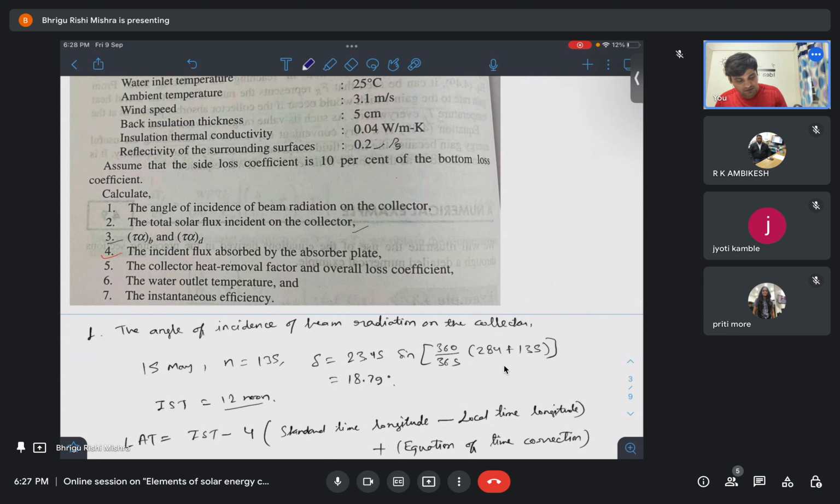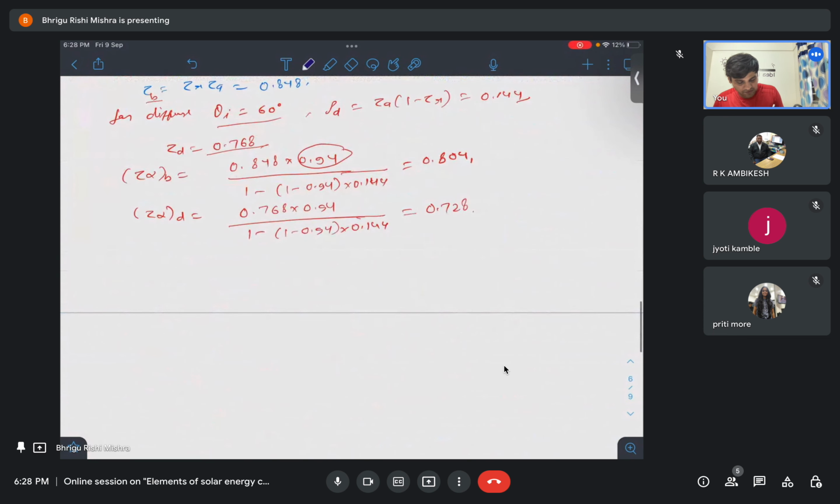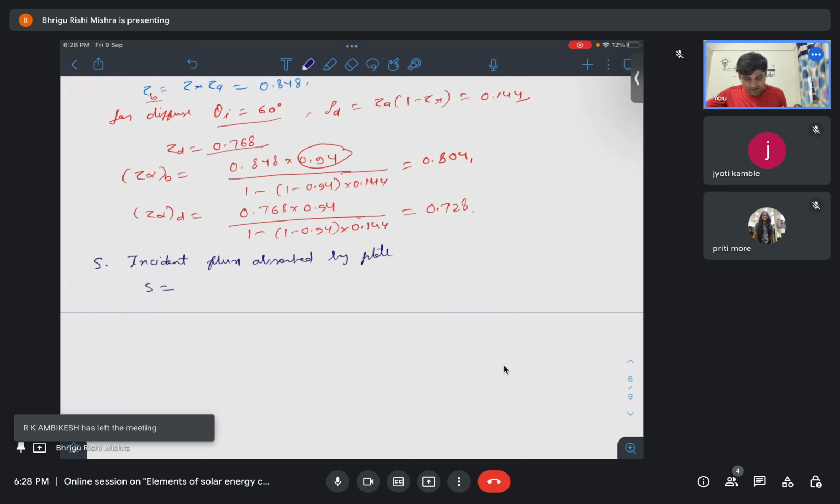This is, I think, number 5. The incident flux absorbed by the plate is nothing but the useful radiation, which is S. If you remember the formula, S is IB into tau alpha b.